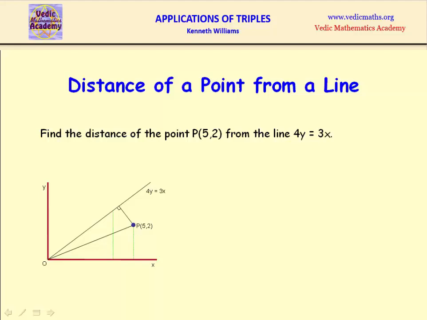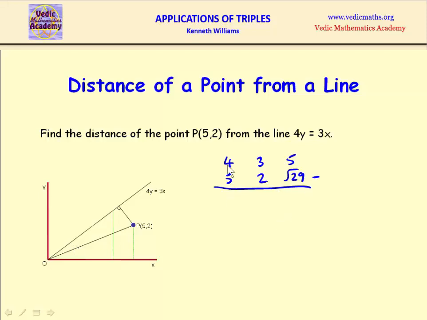We start with the line triple, which is the steeper line, steeper gradient, and that's going to be 4, 3, and the third element is 5. We take the point triple, which is 5, 2, root 29, and by subtracting them, we get a triple for the angle, which is the difference of those two angles.